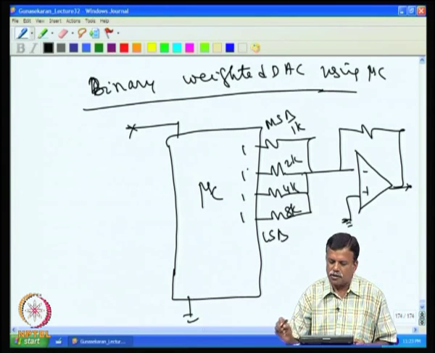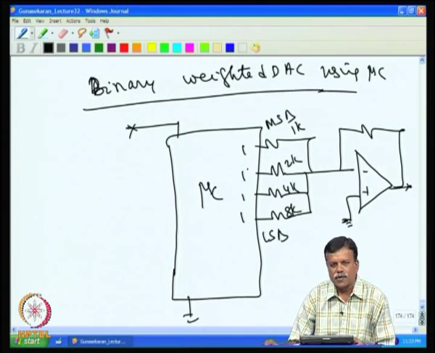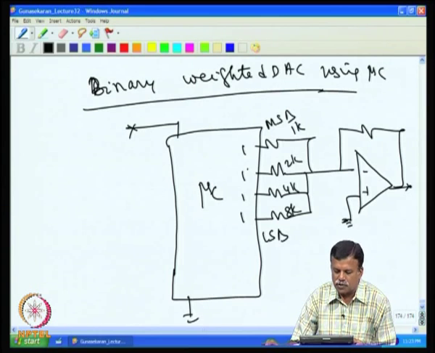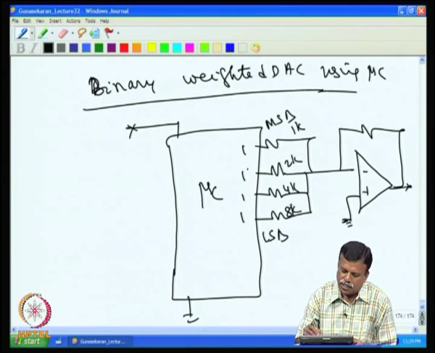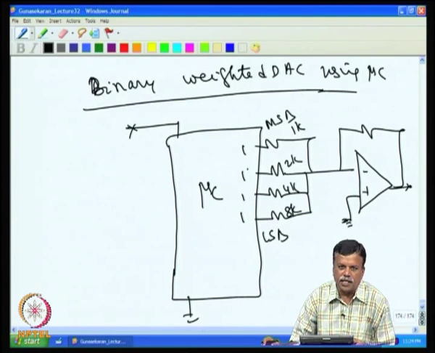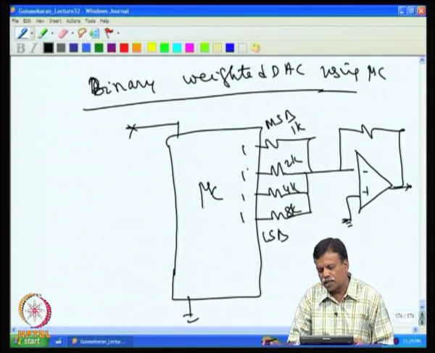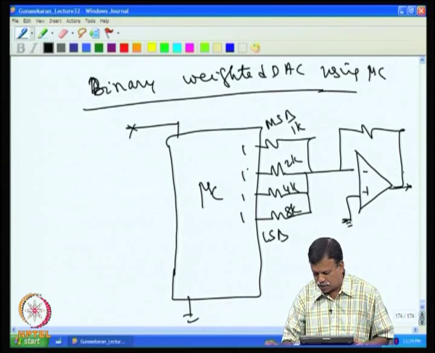Of course, this is one of the major problems when dealing with the microcontroller, because getting these resistors correct is a major issue. Then you can immediately realize that if it is a 16-bit converter, it is even more difficult, because you do not get the correct values.